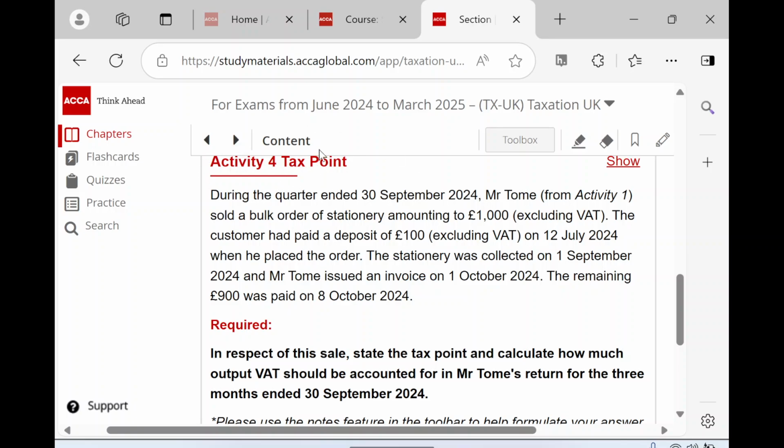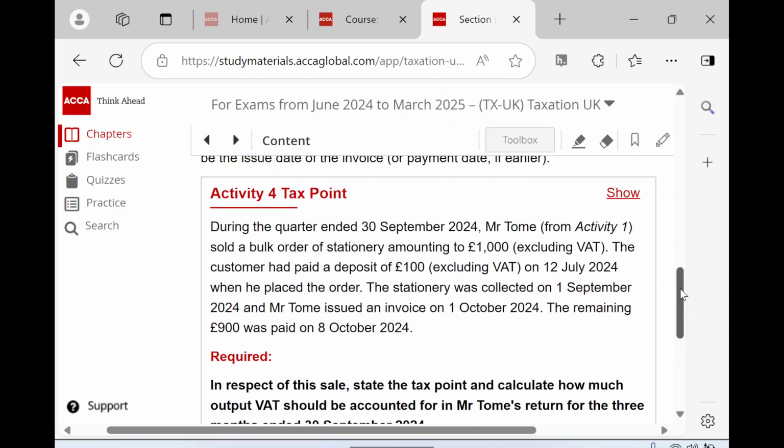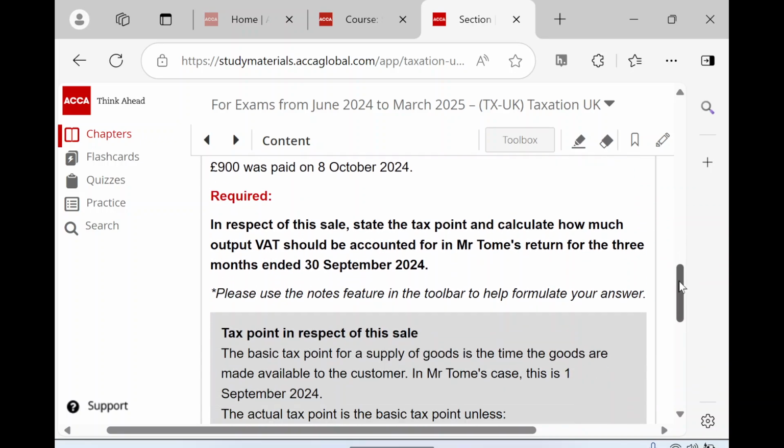So when you see questions in this area, think, okay, first off, what's the basic tax point? And then secondly, in relation to the conditions that I mentioned earlier on, think about how these actual tax point conditions kick in or not with each individual payment. I'll show what I mean in one moment when I get this up and running. Bear with me one second. I do find the portal a little bit tricky from time to time.